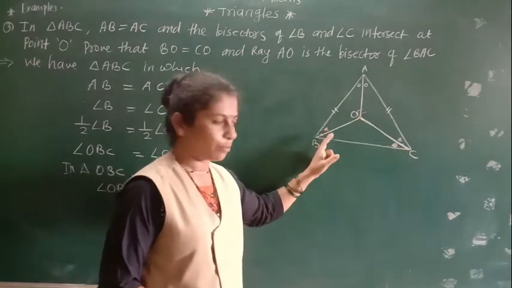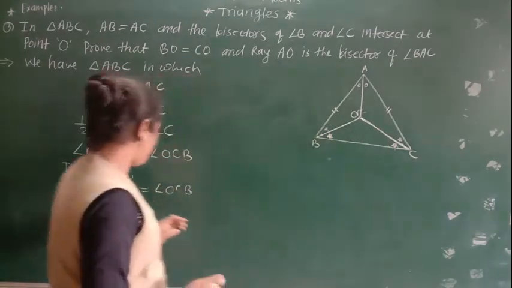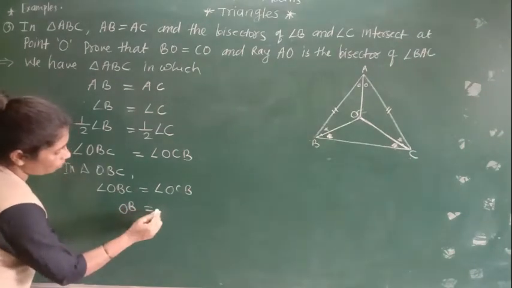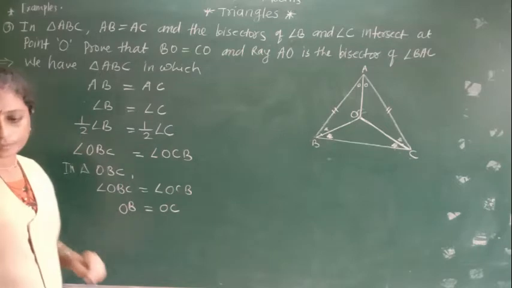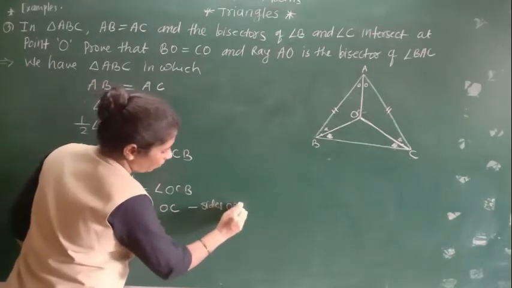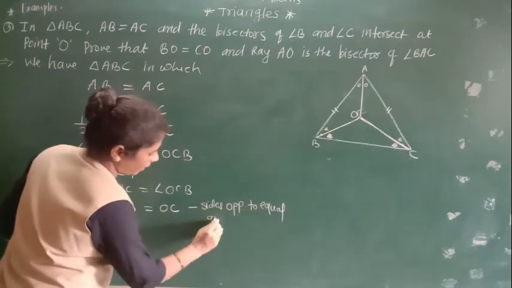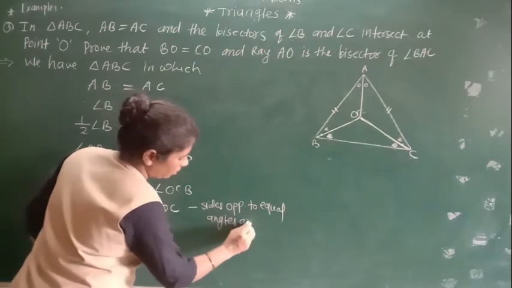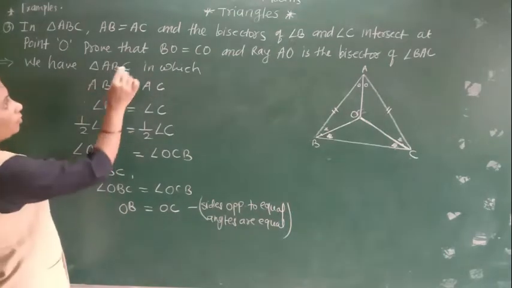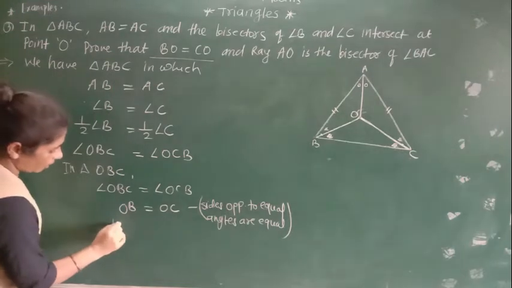So we will use the property: sides opposite to equal angles are equal, right? So here we will write OB equals OC. Okay. The reason is sides opposite to equal angles are equal. Okay, so this we have proved here. First we got OB equals OC, that is BO equals CO.